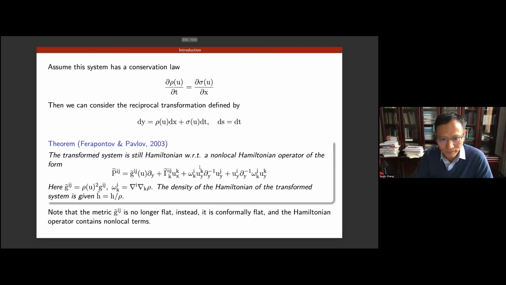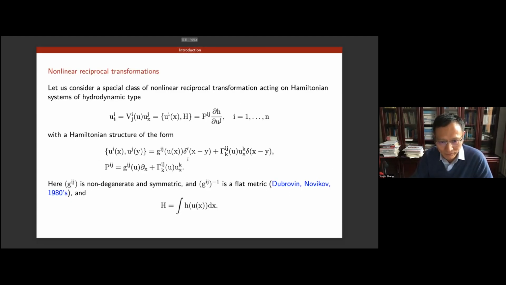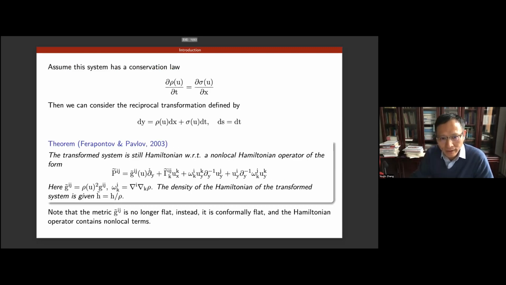A local Hamiltonian structure means that the Hamiltonian operator is given by a differential operator in the space variable x. In the Hamiltonian operator given by Ferapontov and Pavlov, there appear integral operators in the space variable. This kind of generalized Hamiltonian structure we call non-local. And again, the density is given by the original density divided by the conservation law.